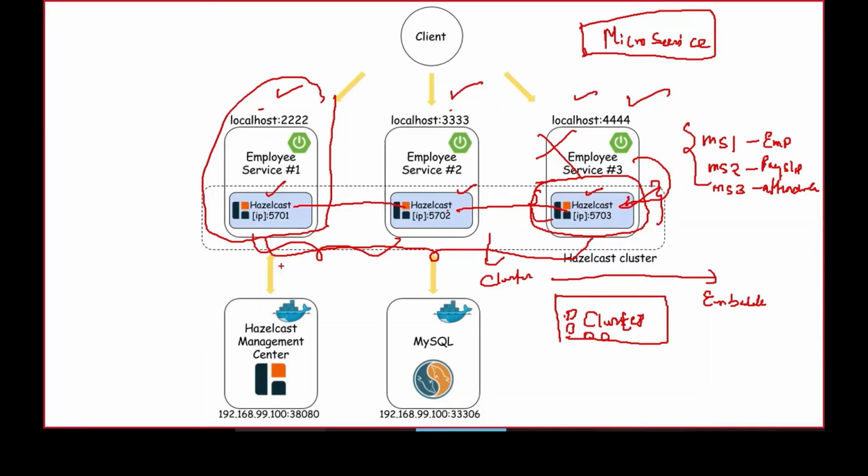And to manage and to look at the number of nodes running and what data is present in them, there is a component offered by Hazelcast called Hazelcast Management Center. I'm also going to demonstrate this Hazelcast Management Center within a while. So look at this picture. Within a while, exactly this implementation will be seen by you.